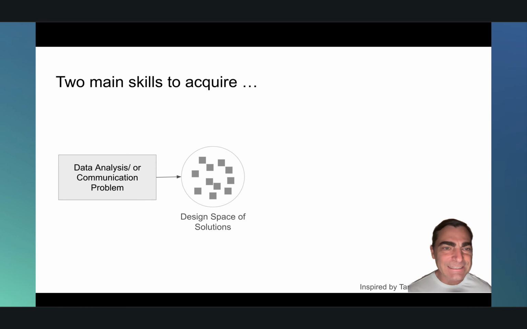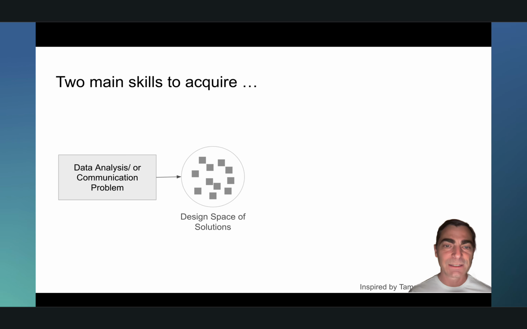So if we have a data analysis or communication problem and you are a visualization designer, what you have to do is explore the design space of solutions. But the design space of solutions, virtually every time, is really large. And that's one of the biggest problems with visualization.